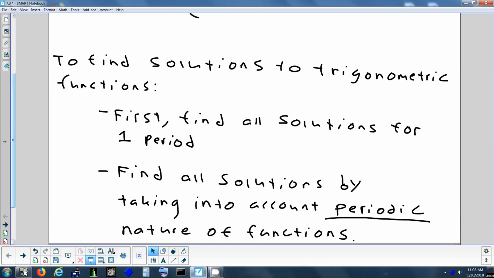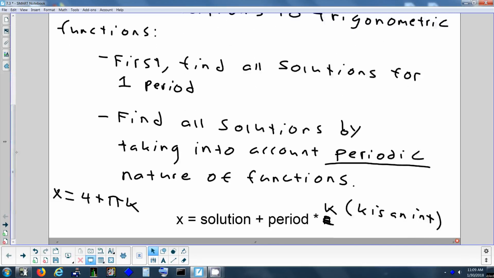And then if they want you to take into account all the solutions, remember, you can't possibly list all the solutions. There's infinite. It's like asking you to write down every even number. You can't do that. So we find all the solutions, and then we put plus the period times k, or I think we've been using n in class.